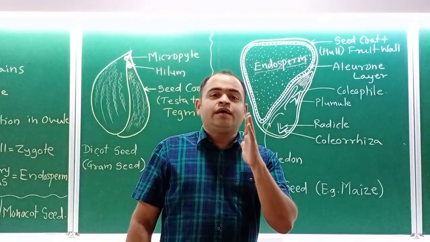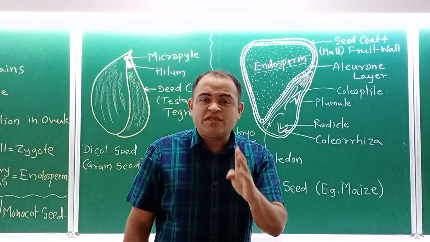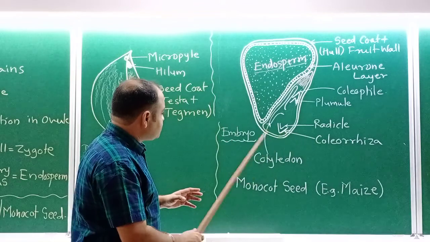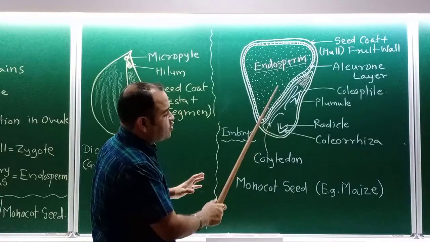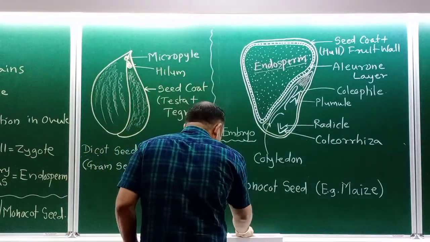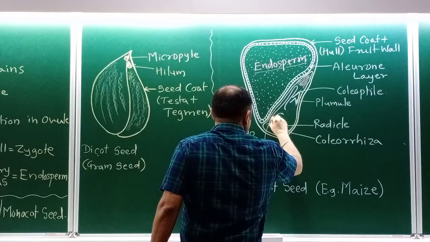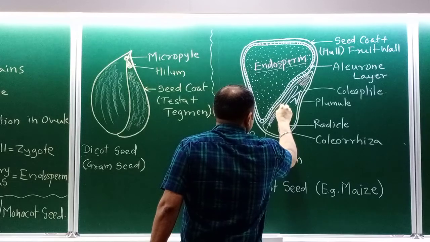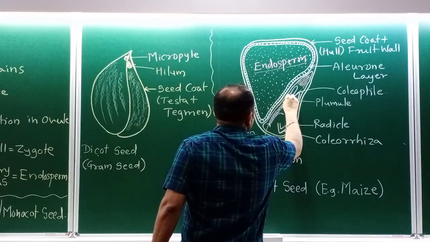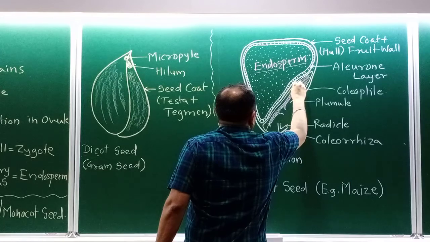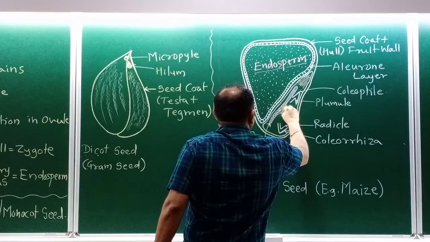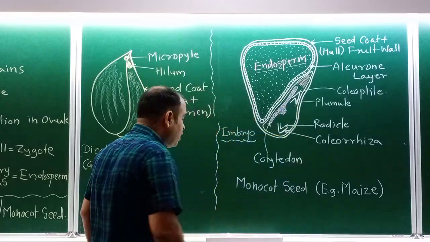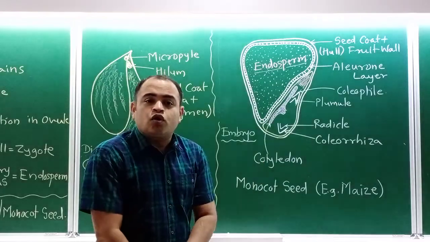When we call it monocot, it means monocotyledonous. Just because of this name, I will highlight the thing. This particular part which I am highlighting is the cotyledon.